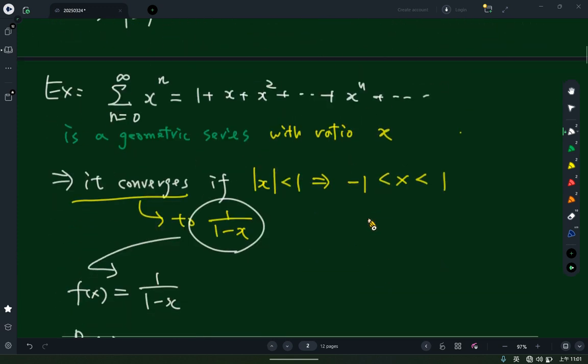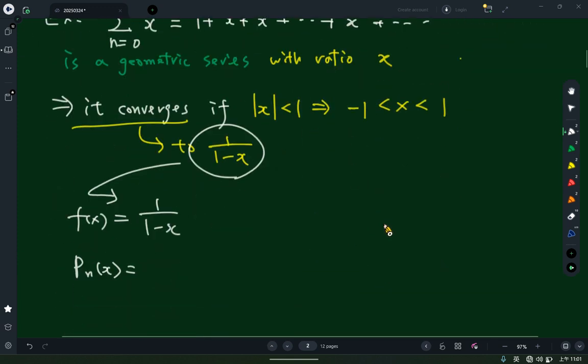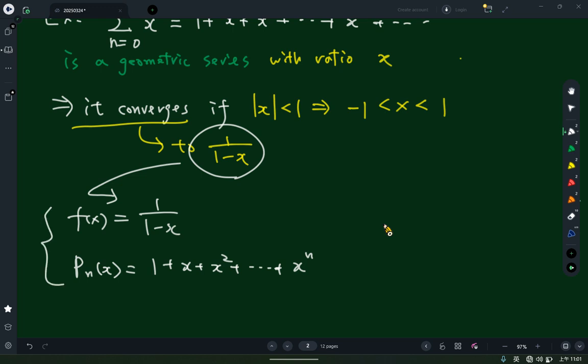In this case, Pn of x will be 1 plus x plus x squared plus up to x to the power n. So I just want you to look at these two functions.